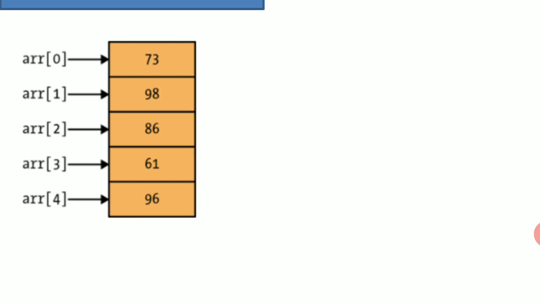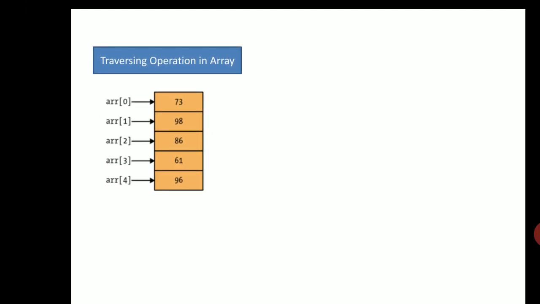These values are already stored. We are visiting each element. We start from 0, first we'll read 0, then we'll visit 1, then we'll go to 2, then the third location, then the fourth location. So visiting each element of an array is known as traversing.